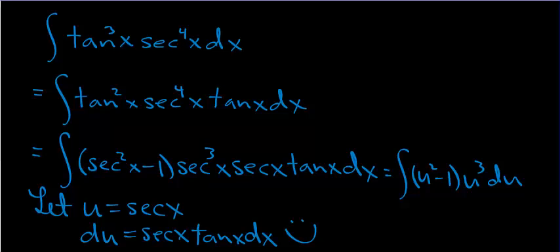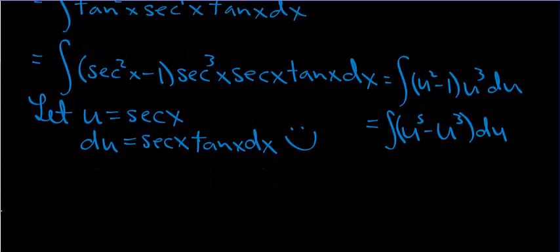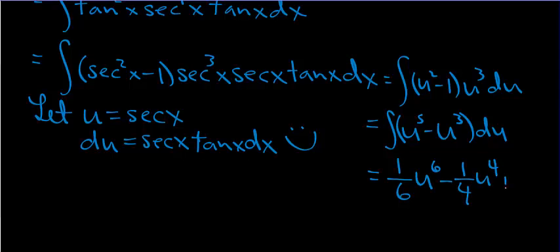And we're going to see other ways too in the next section, but this is one of the ways where you really start to see, man, I'm glad I took trig. We've got u to the fifth minus u cubed du. Okay? And now, of course, it's the easy part. Does everybody see that? Any questions?